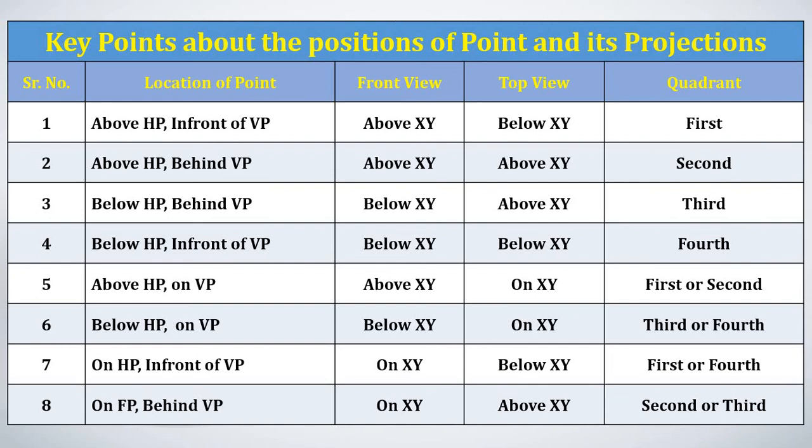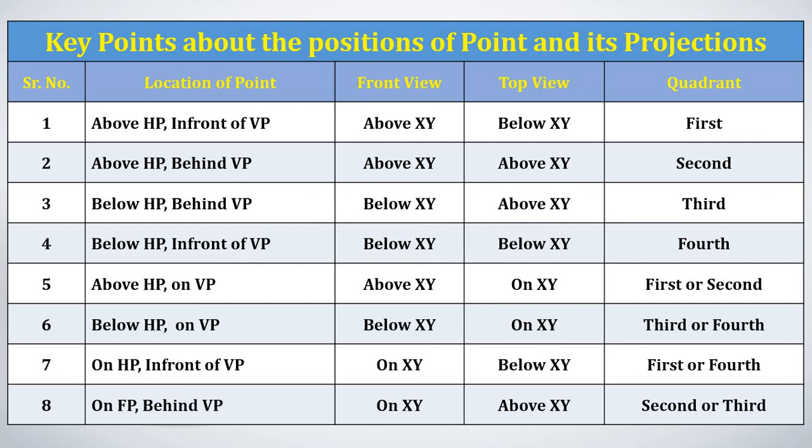If the position mentioned is above HP and on VP, then its front view will be above the XY line and the top view will be on the XY line. The quadrant can be either the first or the second quadrant. Then for the sixth, if below HP and on VP is the position given, then the front view will be below XY and the top view is on the XY line, and the point lies in either the third or fourth quadrant.